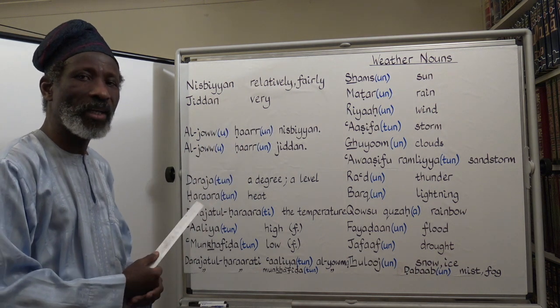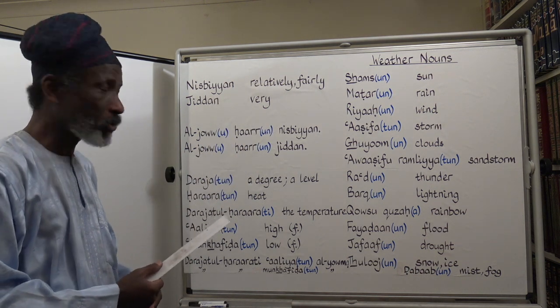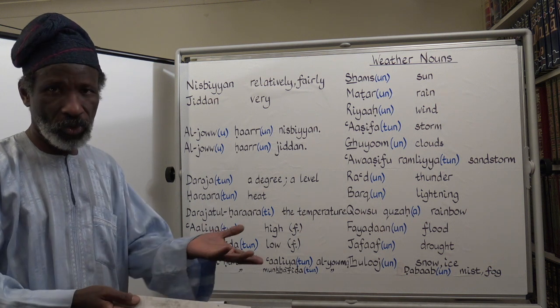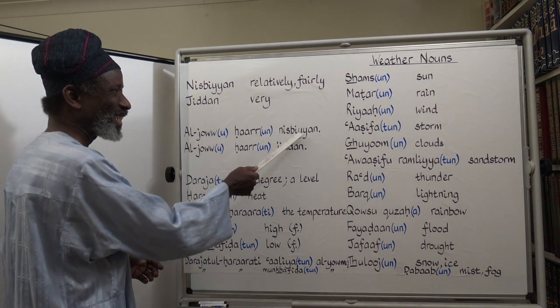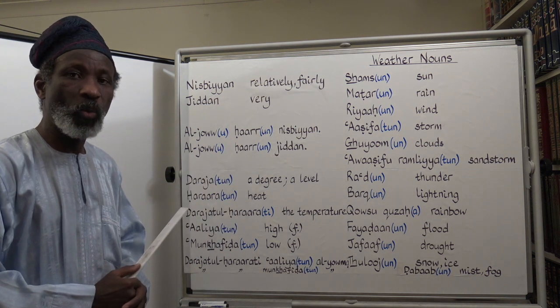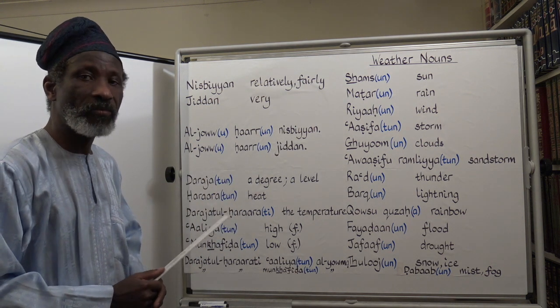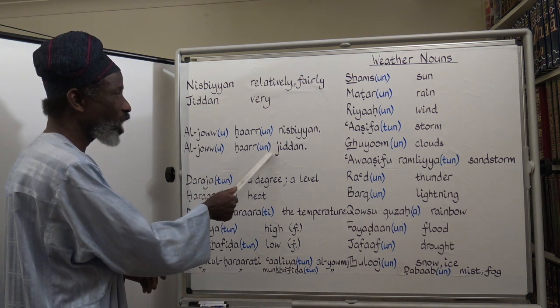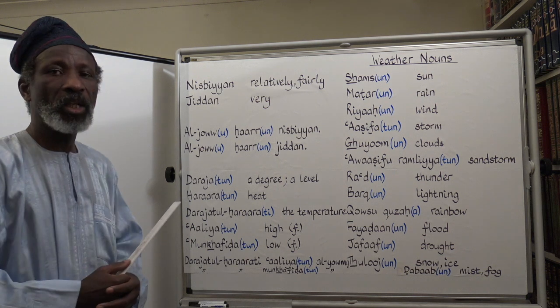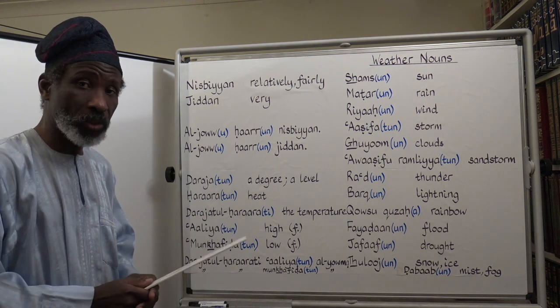So the weather is relatively hot. You can say اليوم, today. الجو حار نسبيا. The weather is relatively hot. الجو حار جدا. The weather is very hot.